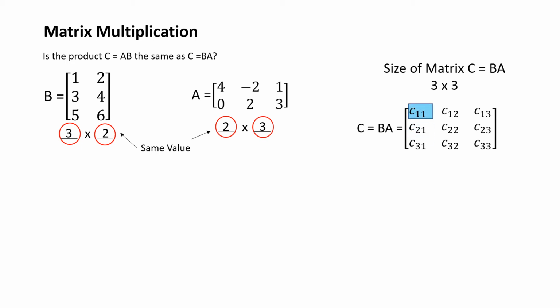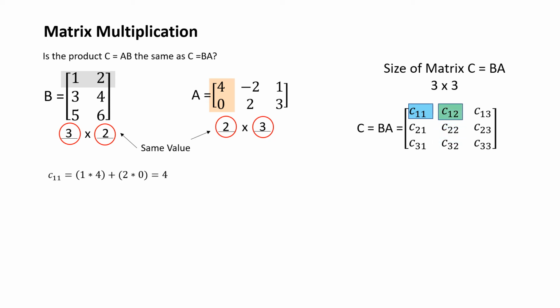In order to determine the first coefficient, C11, we must take the dot product of the first row in matrix B with the first column in matrix A. And that gets us a value of 4.